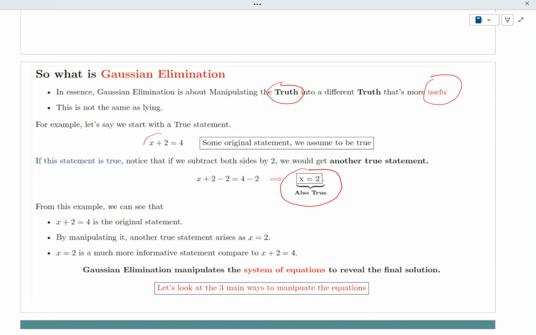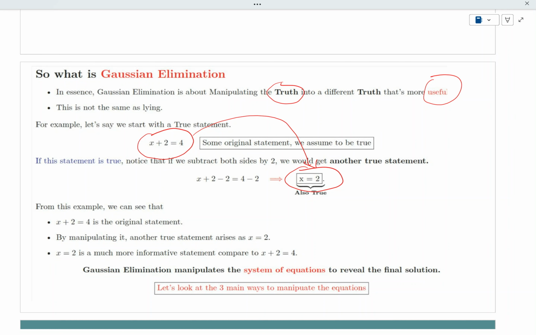So we have two statements, the original one and a second true statement. You can tell which one is more useful, right? Hopefully you come to the conclusion that this is more useful than this one. So by manipulating the original truth, we arrive at a different truth, and certain truths are more useful than others.